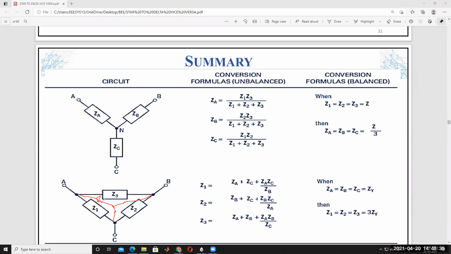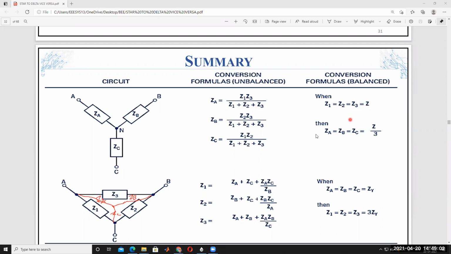This is called ZA, this is ZB, this is ZC in the star connected system. So ZA is equal to the multiplication of these two arms, Z1 into Z3, divided by the addition of total Z1 plus Z2 plus Z3, in star to delta connection. Even if Z1 is equal to Z2 is equal to Z3.